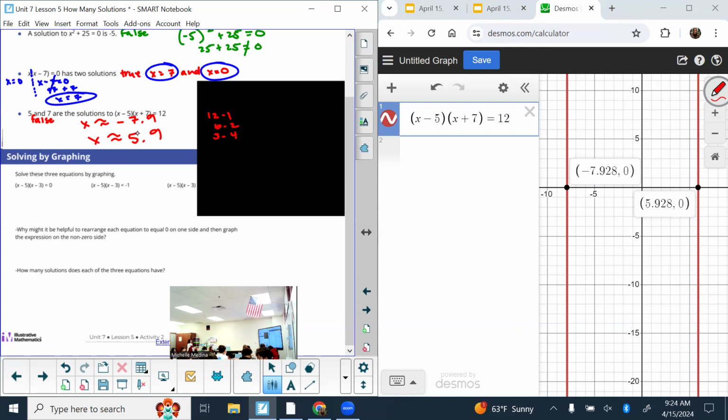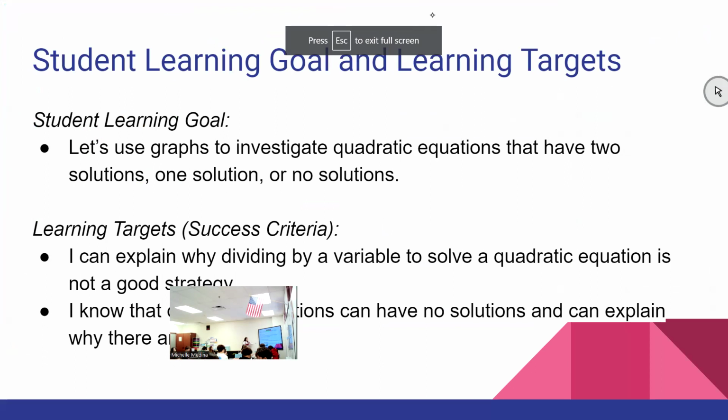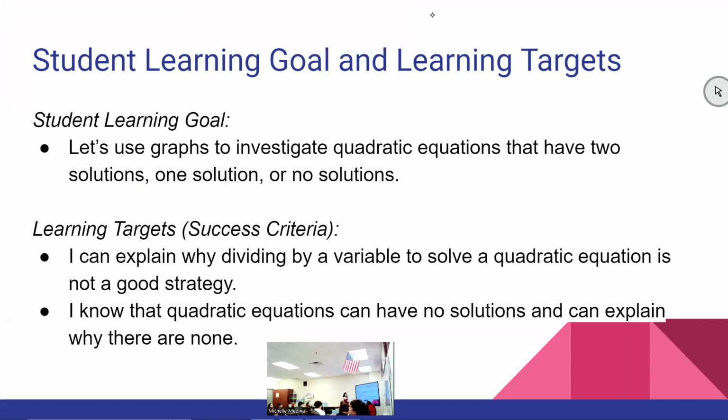Okay, so that was a good warm up and covered a lot of key skills that we already know and stuff that we will learn how to do, which is how to solve them, even if they look like that right now. The title of today's lesson is How Many Solutions? So our learning goal is to use graphs to investigate quadratic equations that have two solutions, one solution, or no solution.